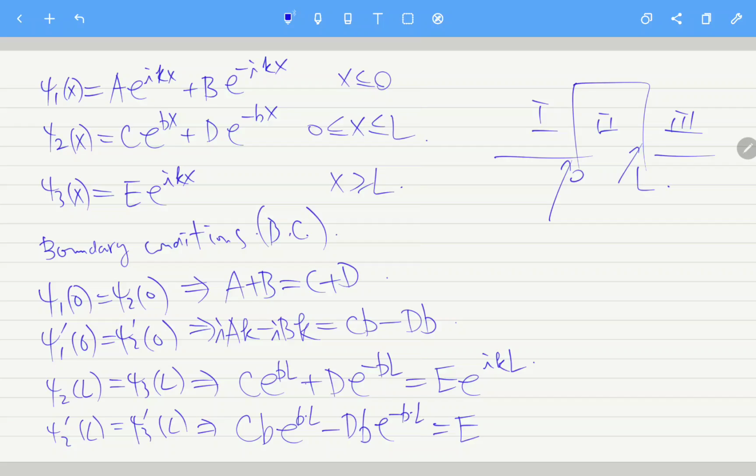The i cannot be cancelled because this is a real function. We don't have i there. So here we still have i times k and then exponential to ikL. So you can simply imagine that to solve this four-joint equation will be quite tedious.